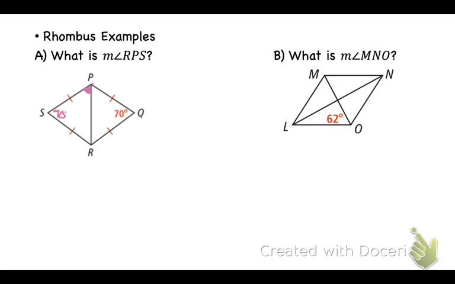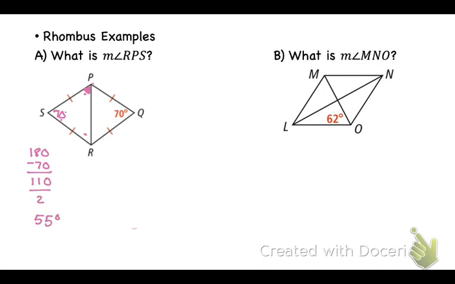I have isosceles triangles. And what do I know about the base angles of an isosceles triangle? They're equal, and the other one is 70. It's 180 minus 70, which is 110, divided by 2 is 55.